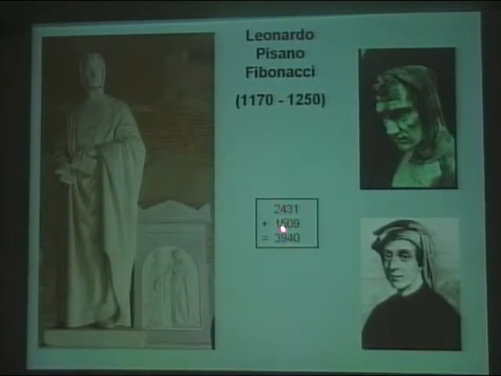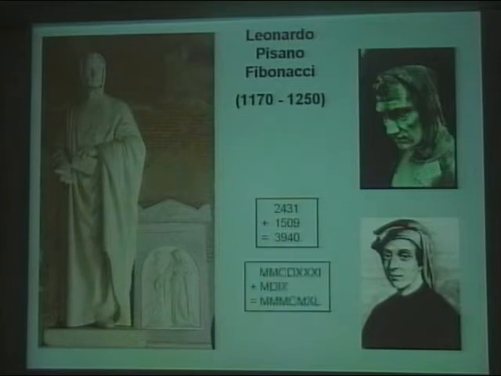And then 4 and 5 is 9. And 2 and 1 is 3, right? Addition is simple with Arabic or Hindu numbers. How about addition with Roman numerals? Would you please add MMCDXXXI and MDIX? How do you add those two together and come up with MMMCMXL?